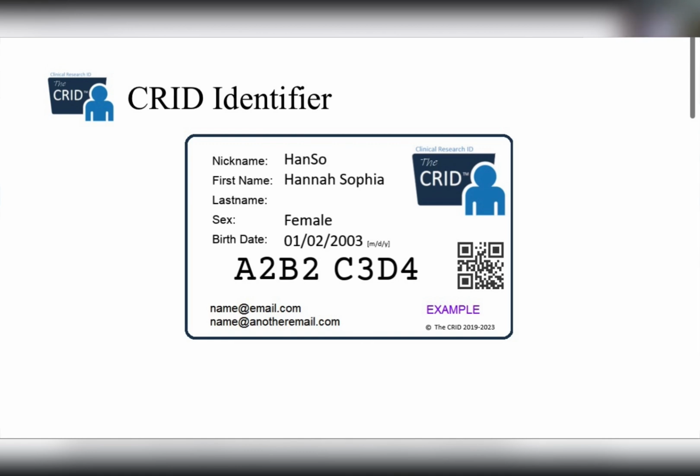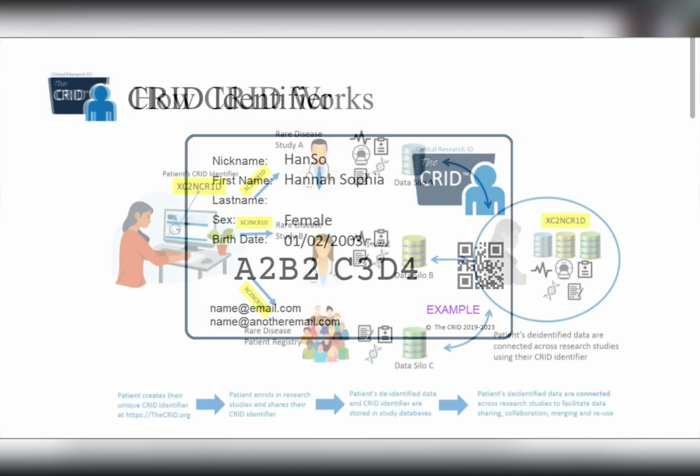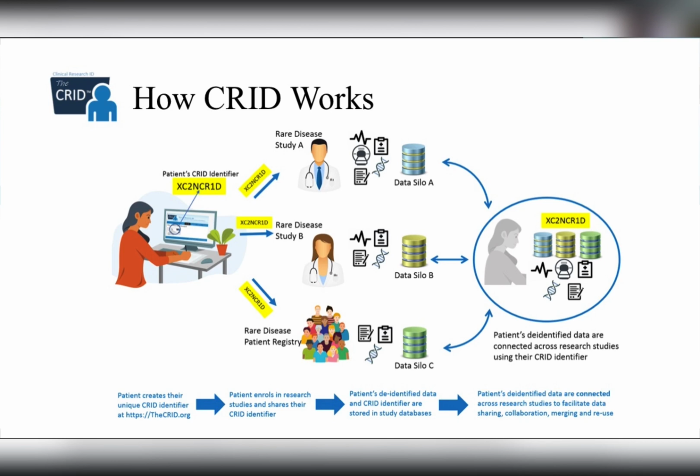This diagram just illustrates how the CRID is used from the point when it's created to the various research studies. Here we have a patient or parent who creates a CRID identifier on the CRID website. They are enrolled in three different clinical research studies, Study A, Study B, and a patient registry, and the patient shares their CRID with each of these researchers.